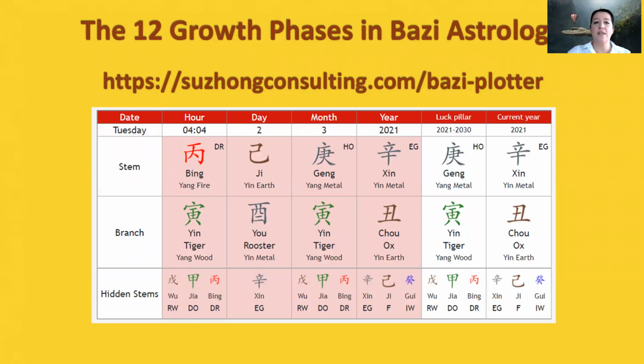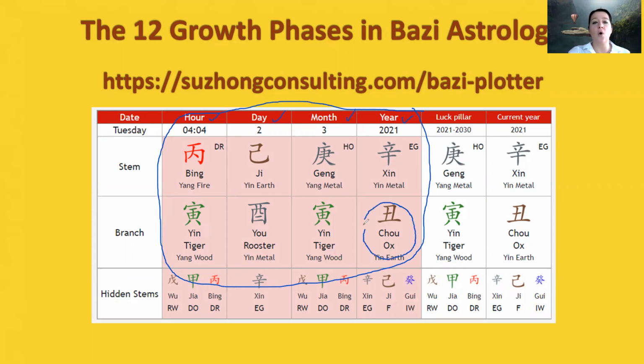So plot this Bazi chart, and you will then get what you see here. Whatever is highlighted in pink is your natal chart. As you can see, there's a year pillar, a month pillar, a day pillar, and an hour pillar. Most people only know what kind of animal sign they're born in as it relates to the year.